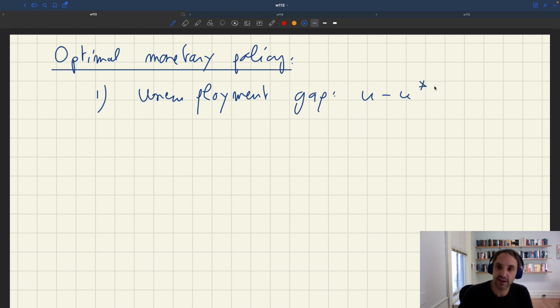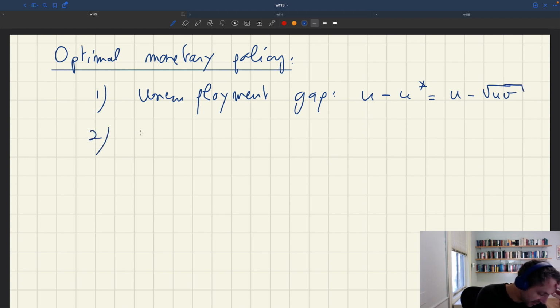We've already shown that this is not too difficult to compute in the data. In particular, in the US, a quite accurate formula is just u minus the square root of uv. So that's really simple. The second statistic is the monetary multiplier.